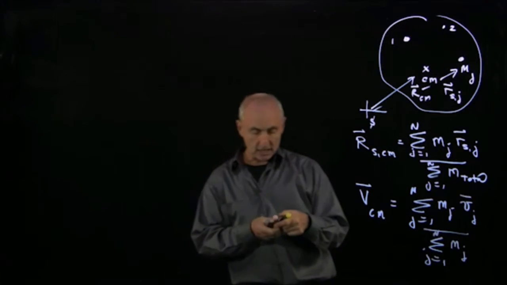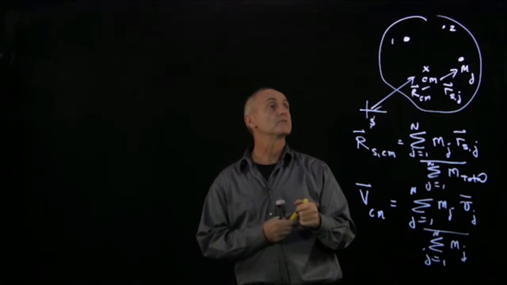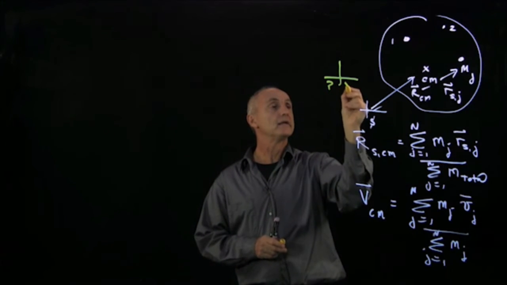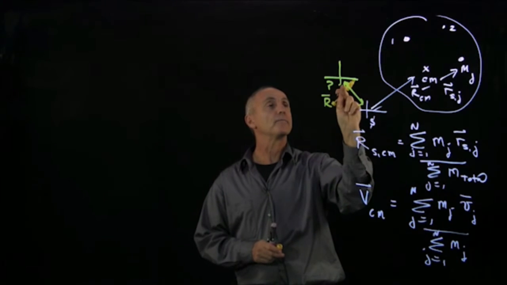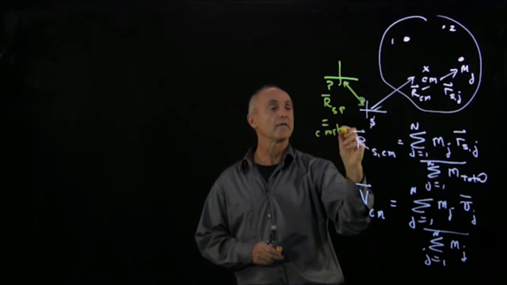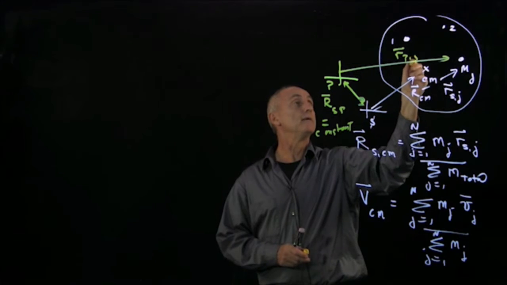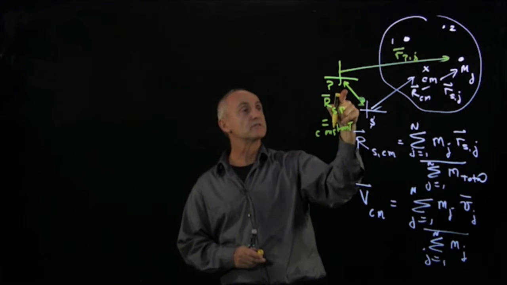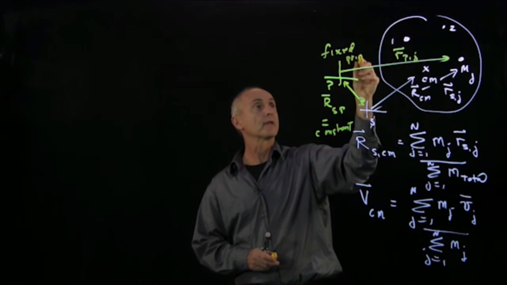Because if you have any two fixed points, so if I chose another fixed point, say over here, p, then this vector from s to p, which we'll call rsp, is a constant. And if I draw the position vector with respect to p, the point here is that this is a constant distance because these are fixed points.